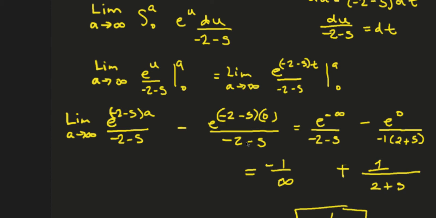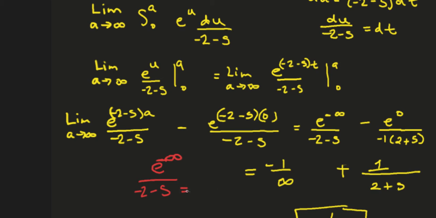Then at that point I also factored out a negative 1 out of the denominator, so I could combine the negative and the negative to give me a positive. Anytime I have a finite over an infinite, that's going to give me 0. If you remember, the e to the negative infinity comes in the denominator, with the negative 2 minus s.